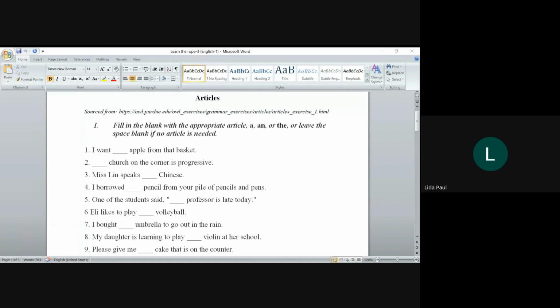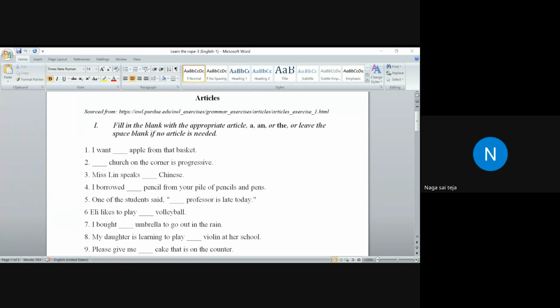But if you have a country which has a phrasal name, like for example, the United States of America, or the United Arab Emirates, or the Netherlands, whenever there is a plural part in the name of the country, or when the name is more like a phrase, then you have to use "the." This is a general rule that people use in English.